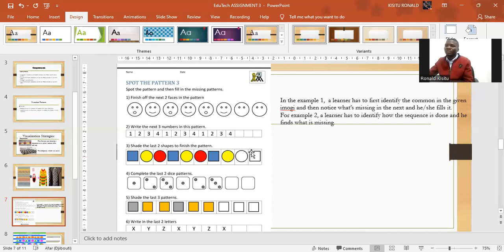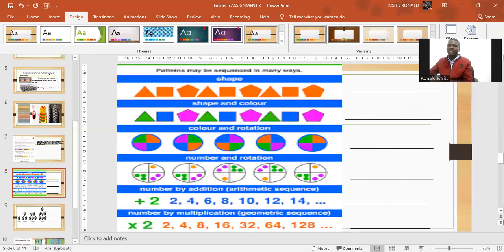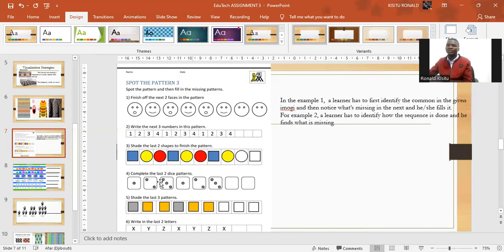So the student could easily identify that from a square which is blue, I go to the yellow circle, then red. Blue, yellow, red, blue, like that. So that is the procedure which that learner will use to complete all these, even the dice.